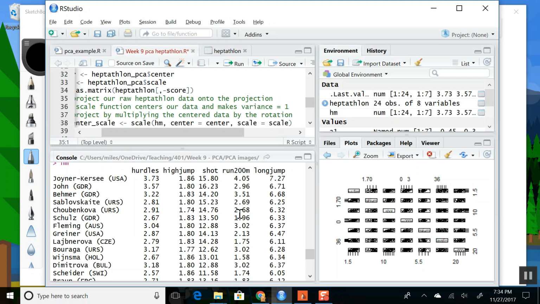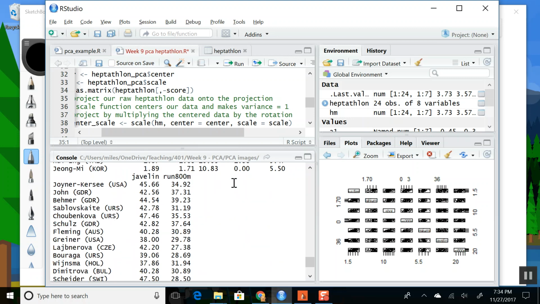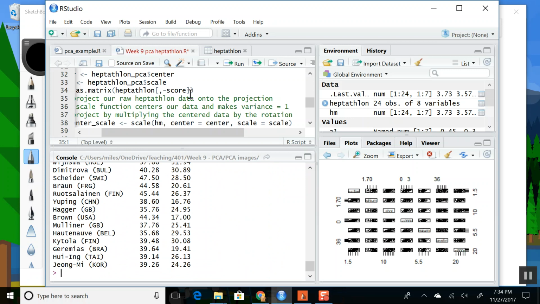If we wanted to maximize the variance, then it makes sense to weight the one with the huge values as much as possible. So if you don't scale the data, any variable in the original data set that had a large amount of variance will get weighted too heavily. So we want to scale all the data so that everything has a variance of 1.